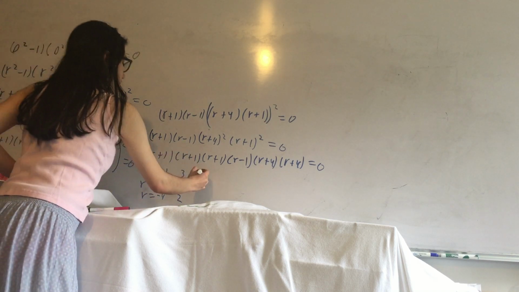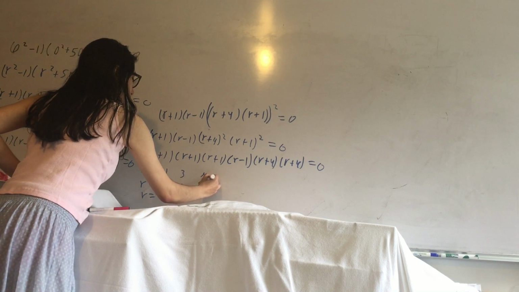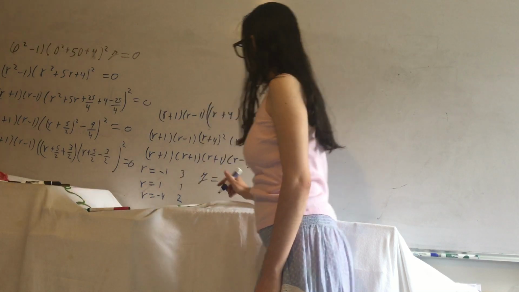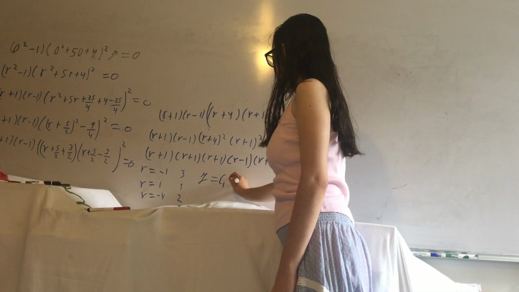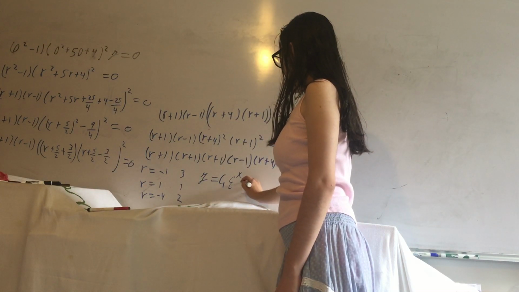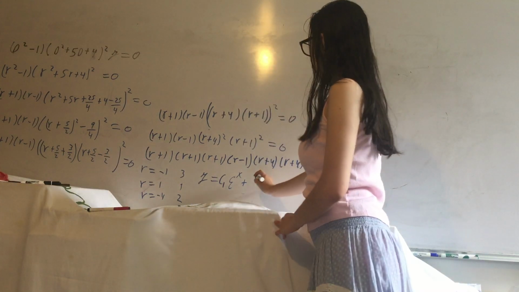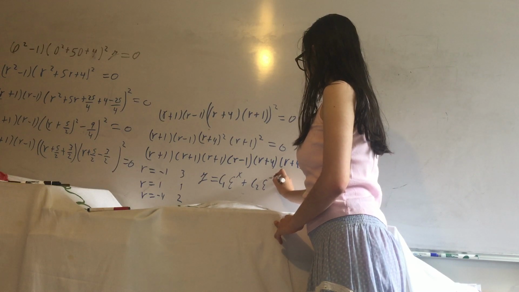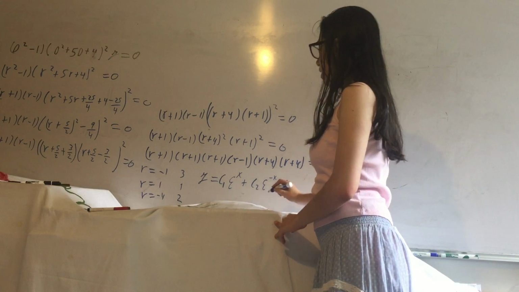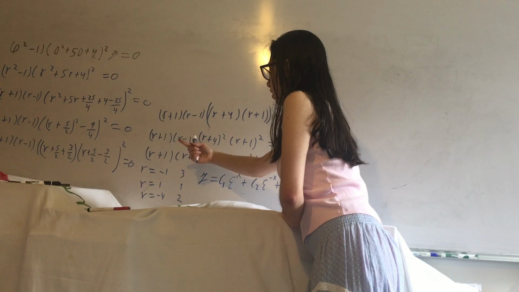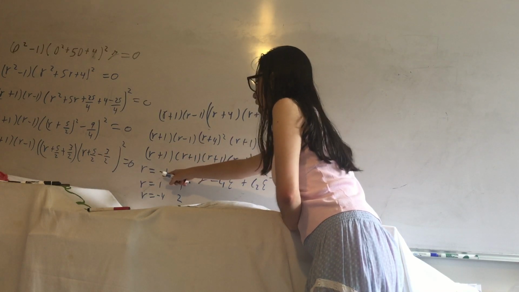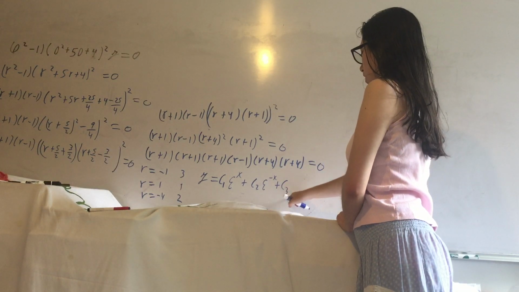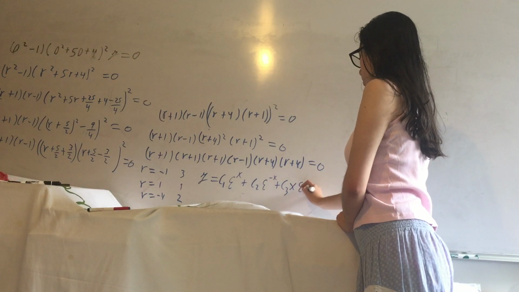So the solution would be y equals, let's put this one first, c1 e to the x plus c2 e to the minus x plus c3, again I will take the other root, that is r equals minus 1, but I need to add x, so it would be c3 x e to the minus x.